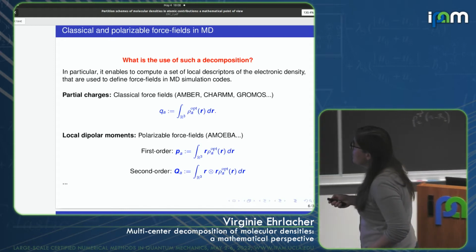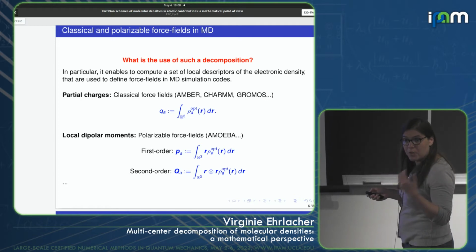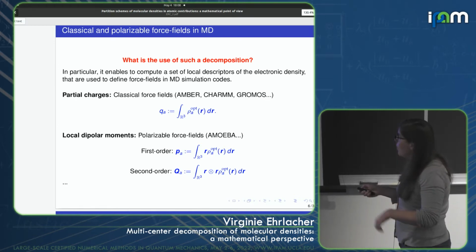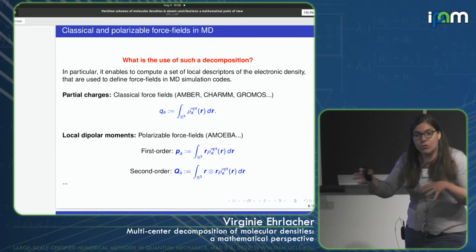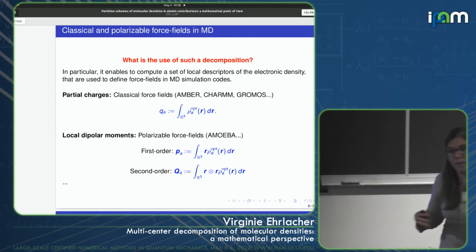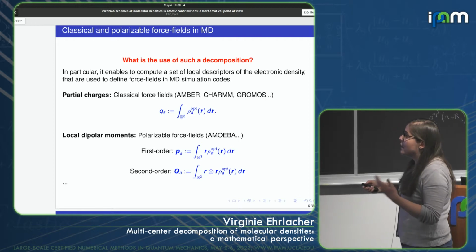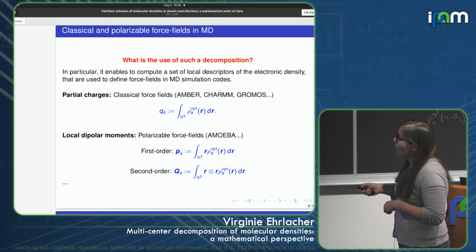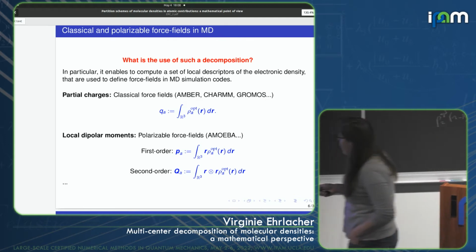For instance, one of the simplest kinds of local descriptors are partial charges of atoms within the molecule, given typically as the integral of the proatomic densities over R3. It enables us to see if some molecule polarizes or not, for instance. And a lot of classical force fields like Amber, Charmm, Gromos rely on these partial charges in order to define force fields.